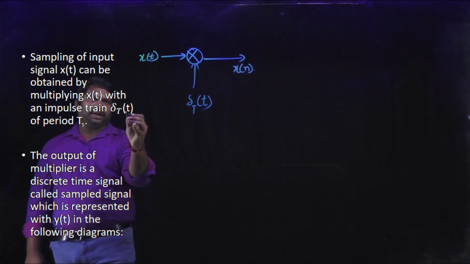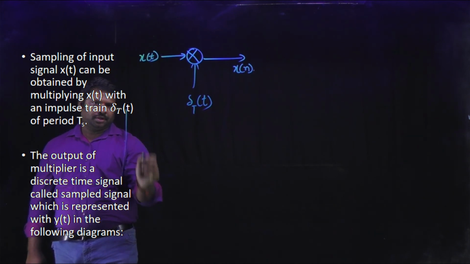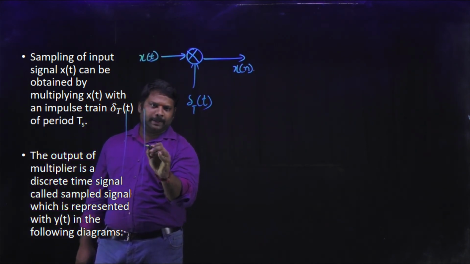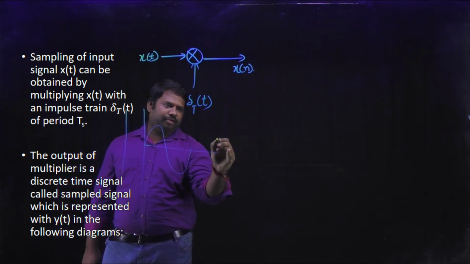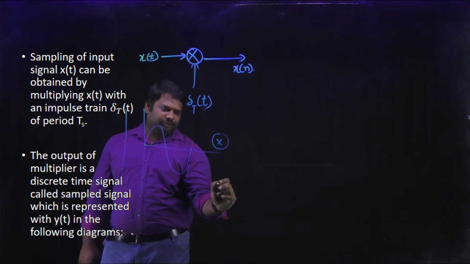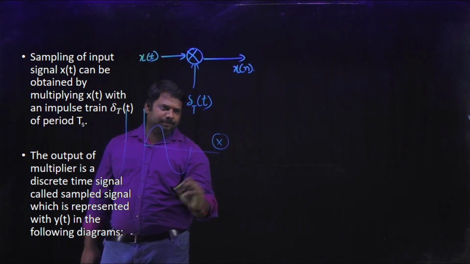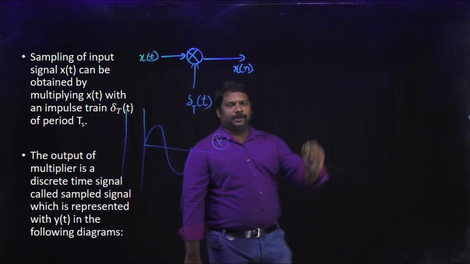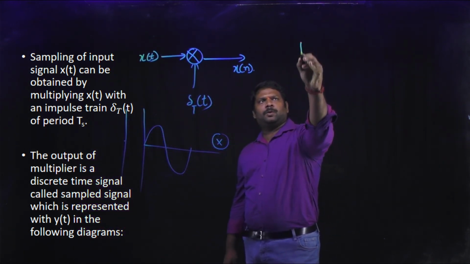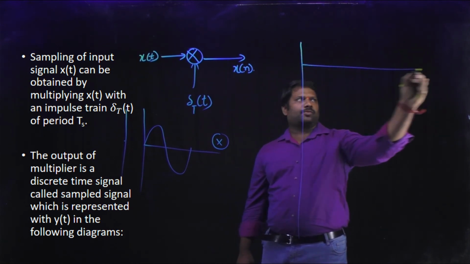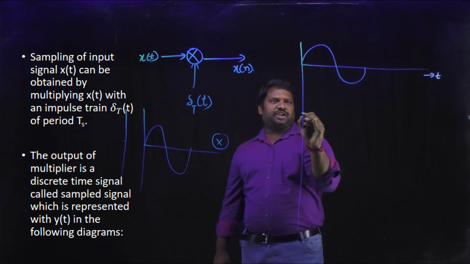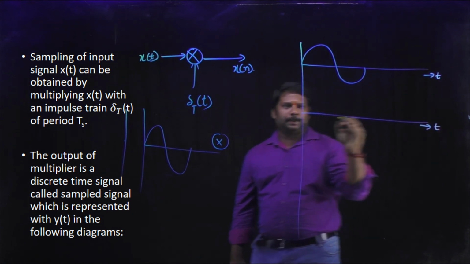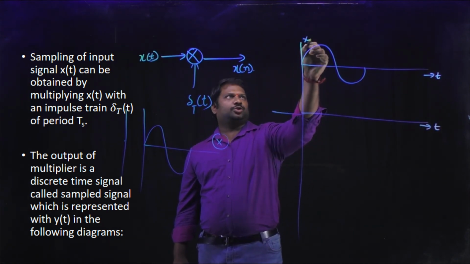How we perform this: consider a continuous time signal as this. Then it will be multiplied with a train of impulses function, like this. This is x of t.